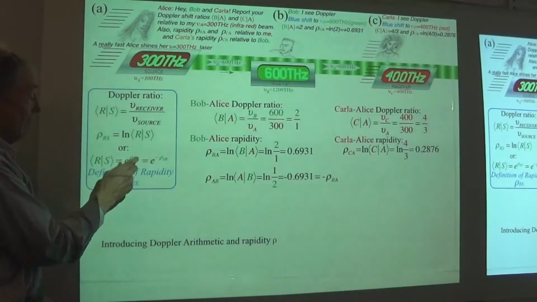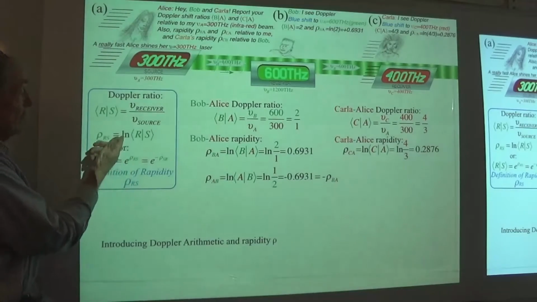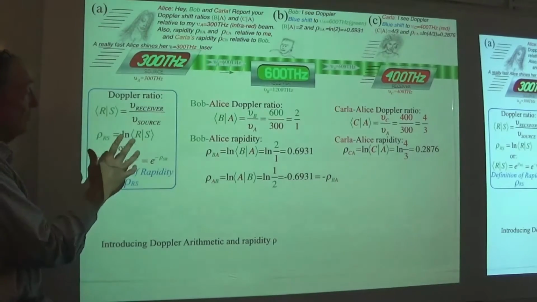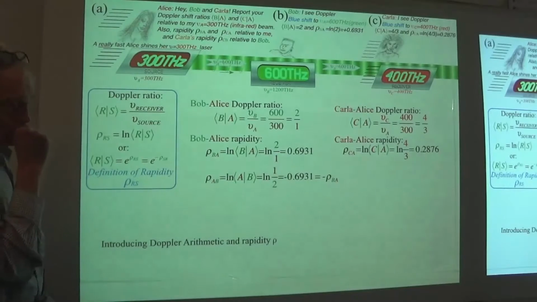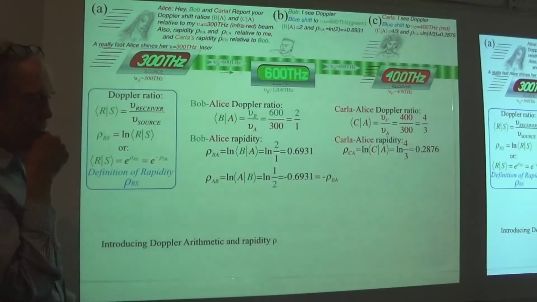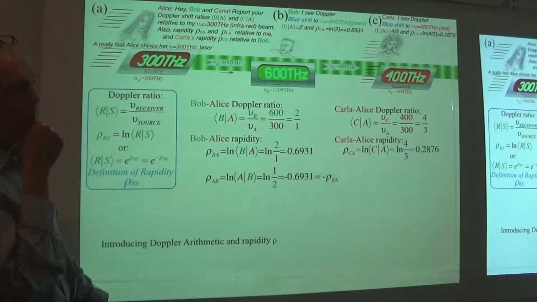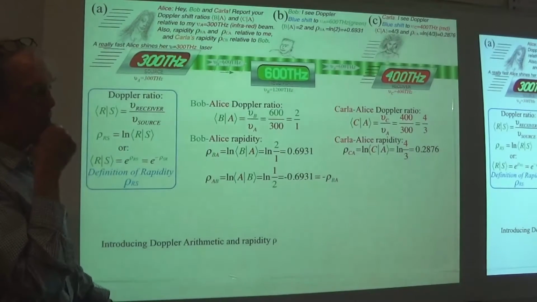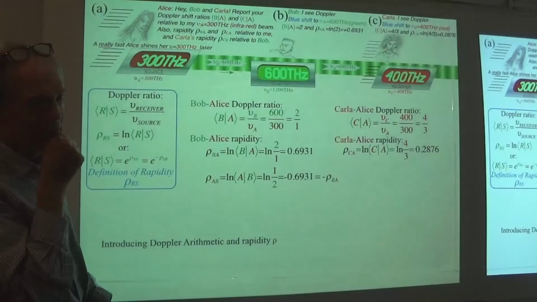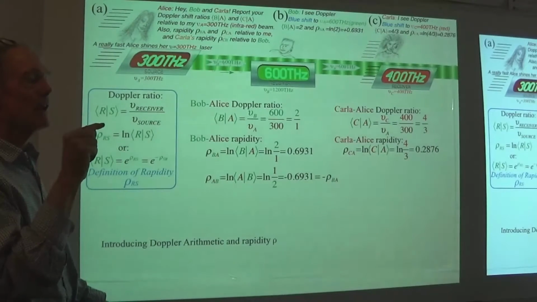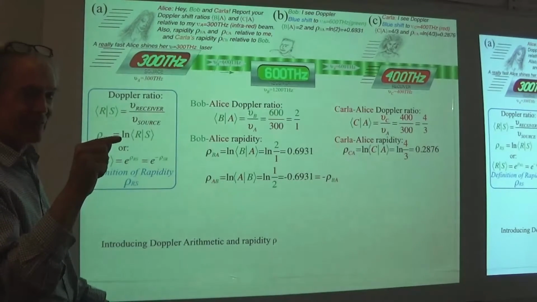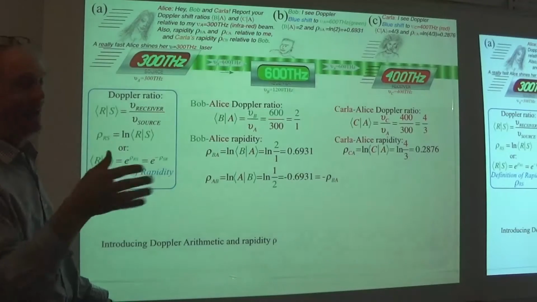This is really important. Rapidity, having a logarithm, is really important because, for example, if you ask how fast is a proton going in the European Hadron Collider, it's 0.9999999, roughly. I mean, it's a lot of nines.